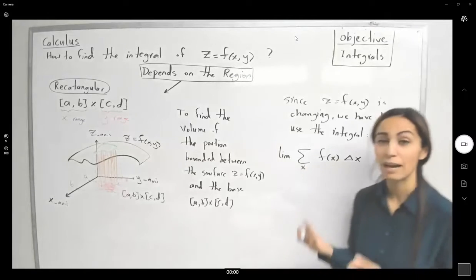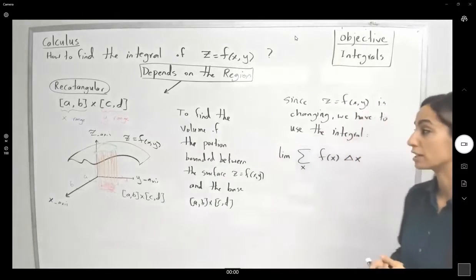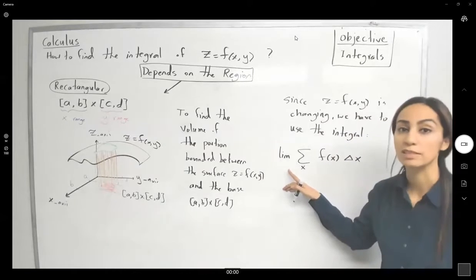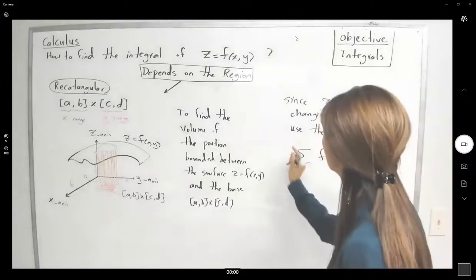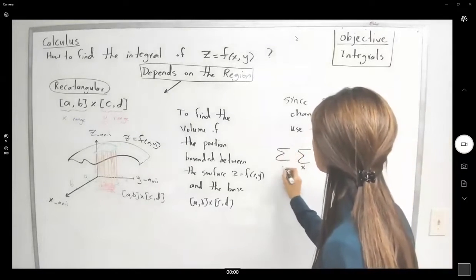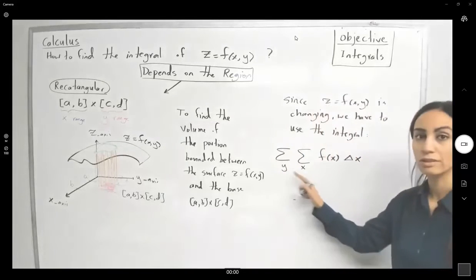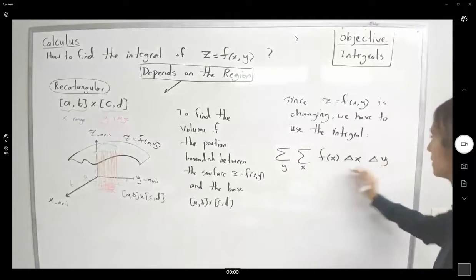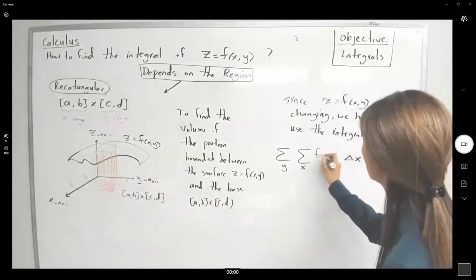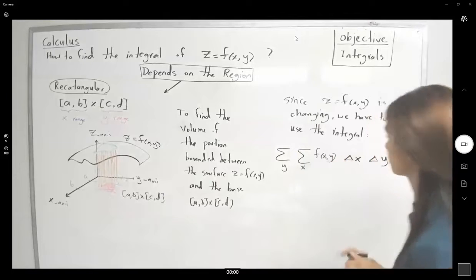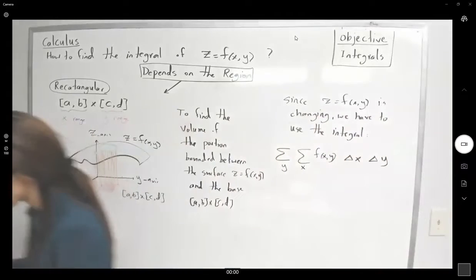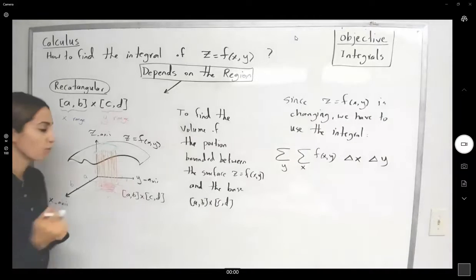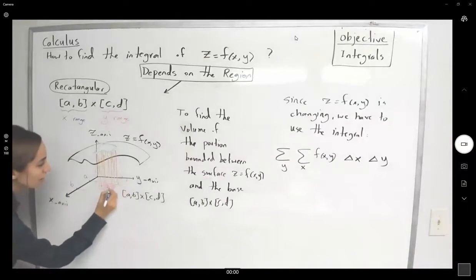But here we have two variables, not just one. It means that we have to use two Riemann sums, one related to x, one related to y. Here the order is not important for us. Delta x and delta y, and here you have your function f of x and y, as these small regions, these small delta x times delta y's, are getting smaller and smaller.